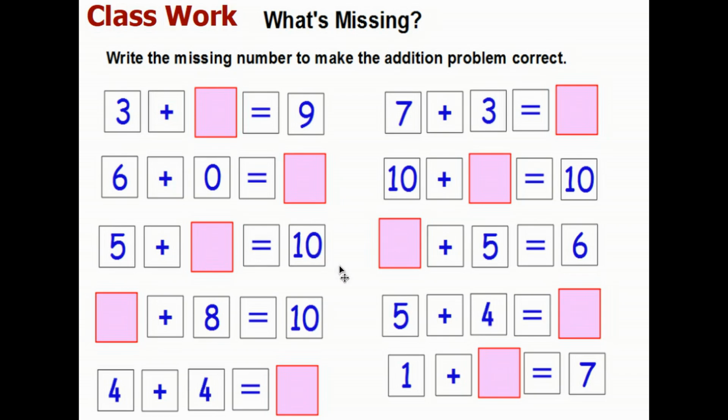Let me show you one. Here you have 3. What number? You can count up to 9 to get the answer, or you can subtract 3 from 9. Start with 3.